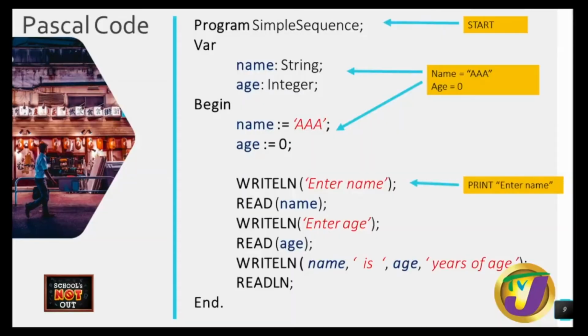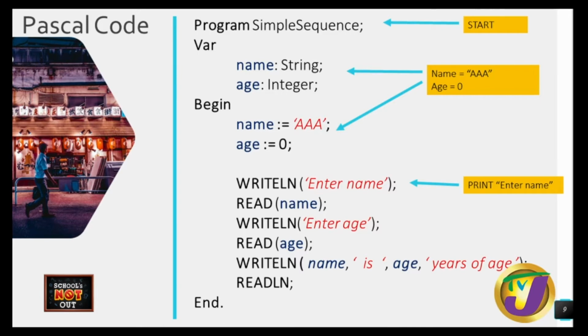Then we have a prompt statement, and the prompt statement was print, and in quotations, enter name. In the Pascal code, we have WRITELN, open parenthesis, single quotation mark, the words enter name, close single quotation mark, close parenthesis, and semicolon.